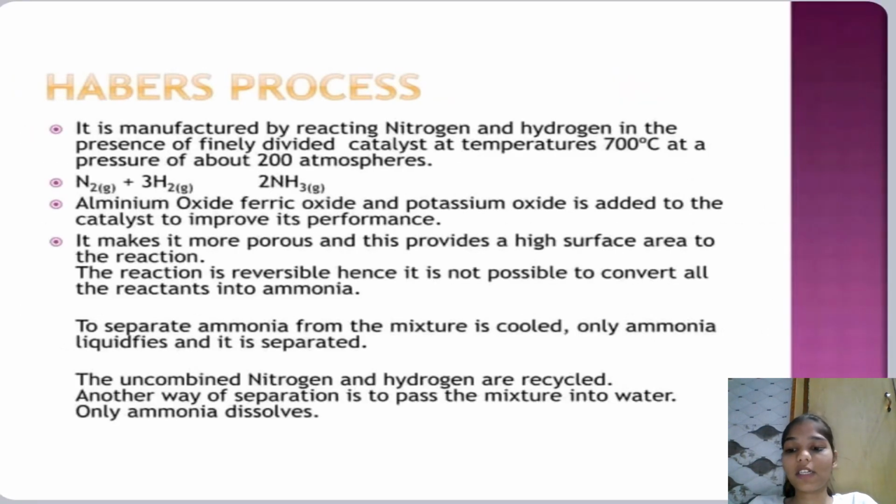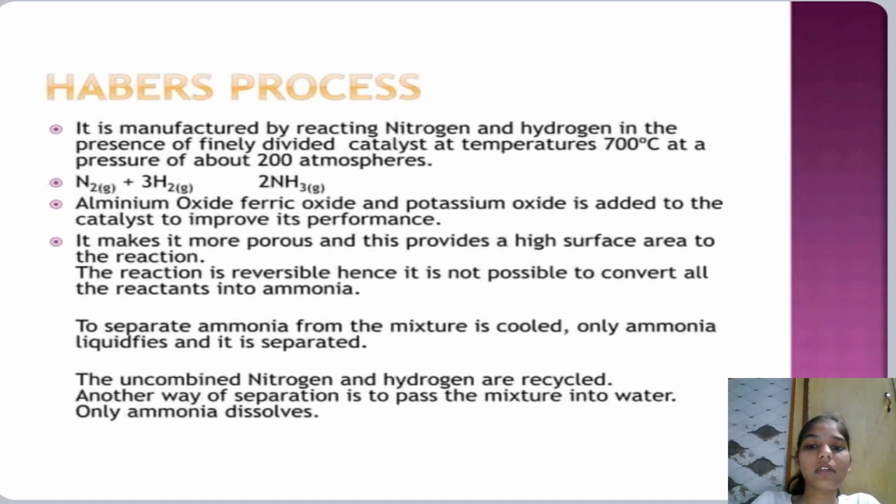Next is Haber's process for the preparation of ammonia. It is manufactured by reacting nitrogen and hydrogen in the presence of a finely divided catalyst at a temperature of 700 degrees Celsius and a pressure of about 200 atmospheres.